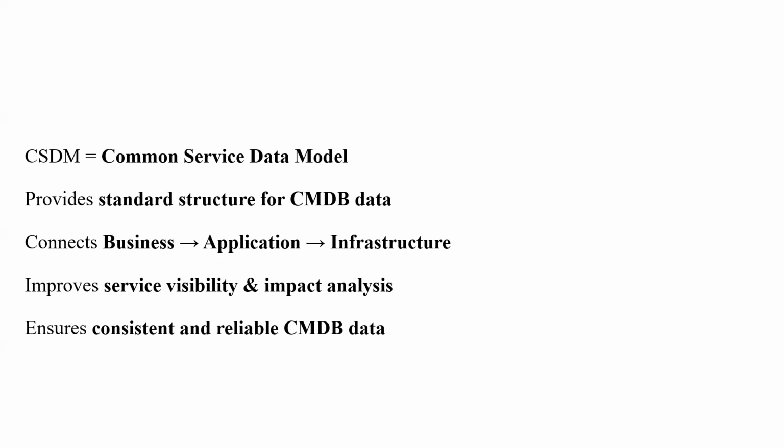It means data is correct and usable. So finally, CMDB becomes clear, connected, and useful. We can conclude that in CIS-Data Foundations, CSDM is very important because it explains how CMDB data is structured and connected. If you understand this concept, you can easily answer most CSDM questions.